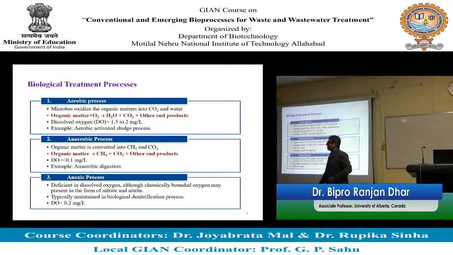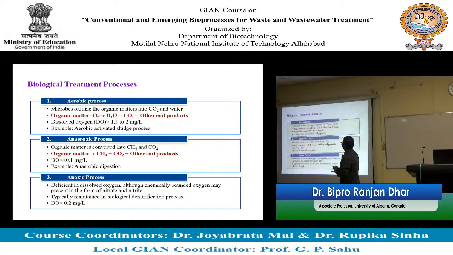It could be volatile fatty acids, or sometimes hydrogen gas can be produced, and the final process is methanogenesis. We are going to learn in detail tomorrow, when we have a lecture on the anaerobic digestion process, but there could be a lot of other soluble metabolites as well.